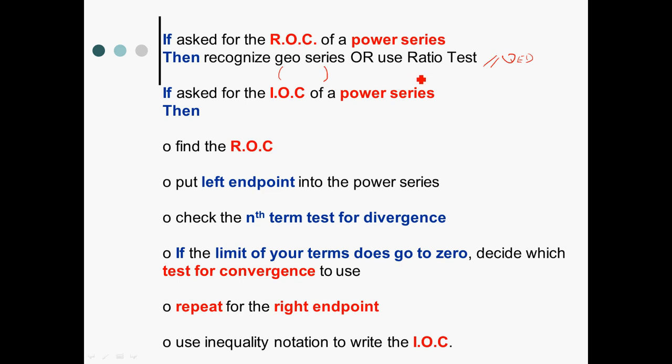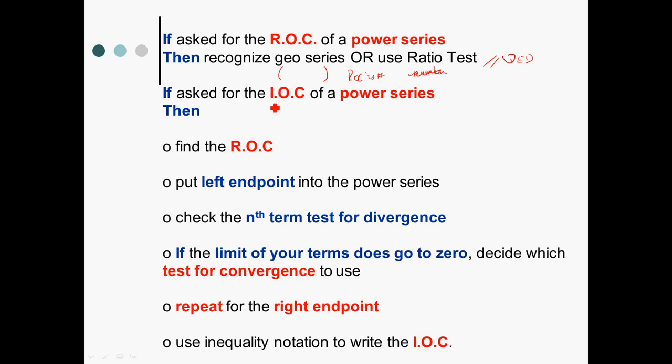The ratio test gives a number. The radius of convergence is either, if it's a geometric series, you give an interval, or you say the radius of convergence is a number: 0, another number, or infinity.